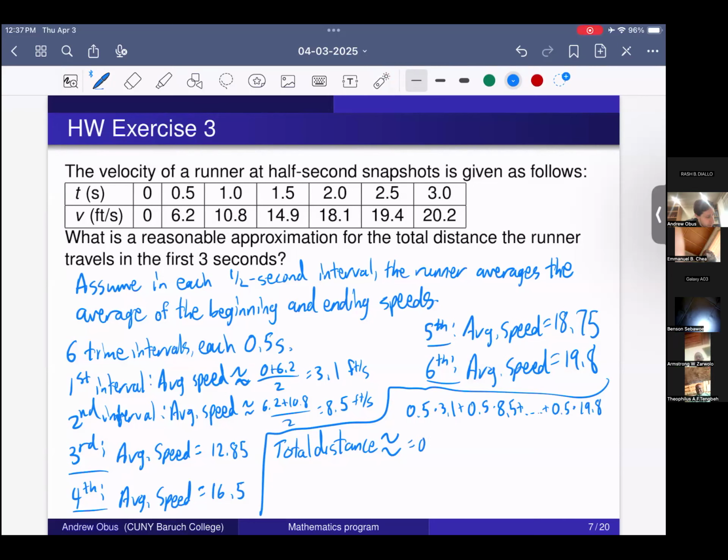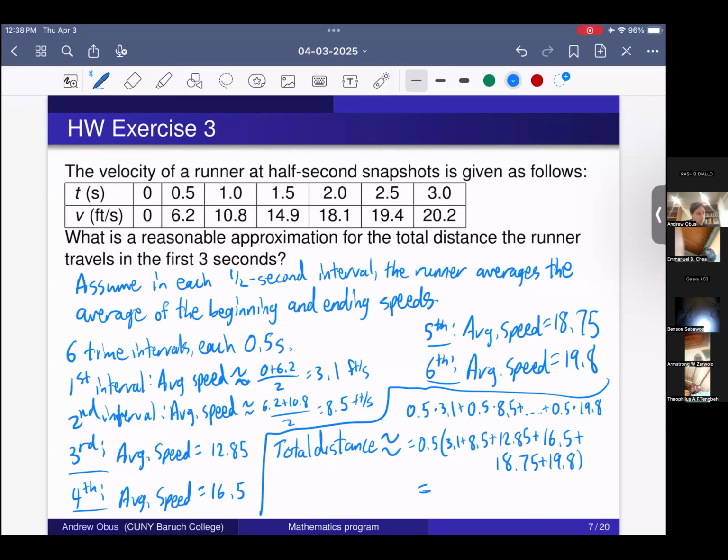Let's see. So this is 0.5. I can pull the 0.5 out because that's going everywhere. I've got 3.1 plus 8.5 plus 12.85 plus 16.5 plus 18.75 plus 19.8. And let me do this on the calculator.